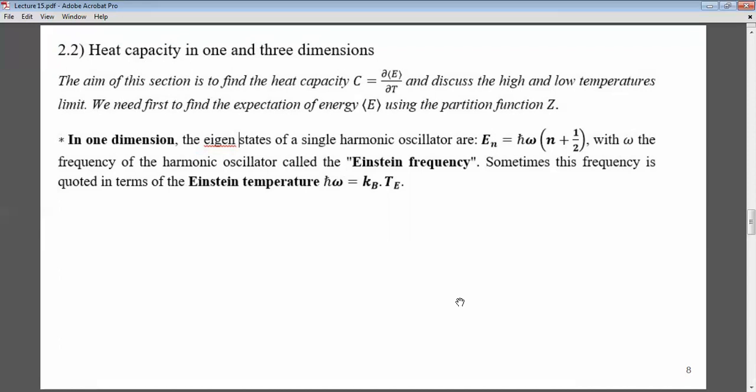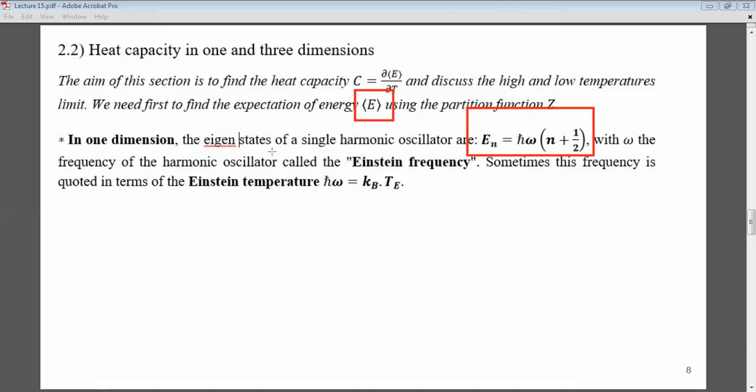Okay, so we need first to find the expectation value of the energy, which is this thing over here. This is the expectation value of energy using the partition function Z. In 1 dimension, the eigenstate of a single harmonic oscillator, En, is h bar omega (n plus half), where omega is the frequency of the harmonic oscillator.